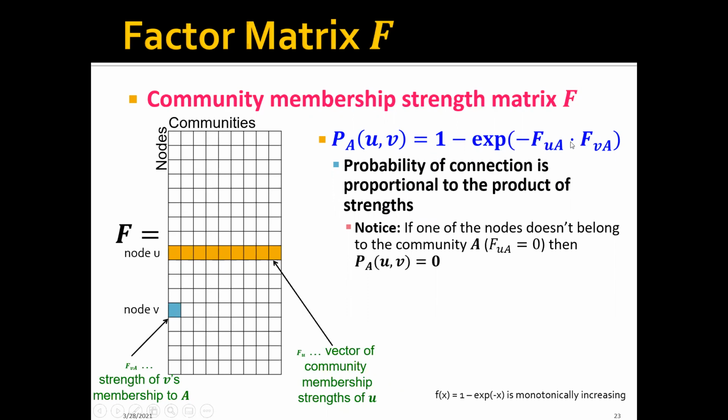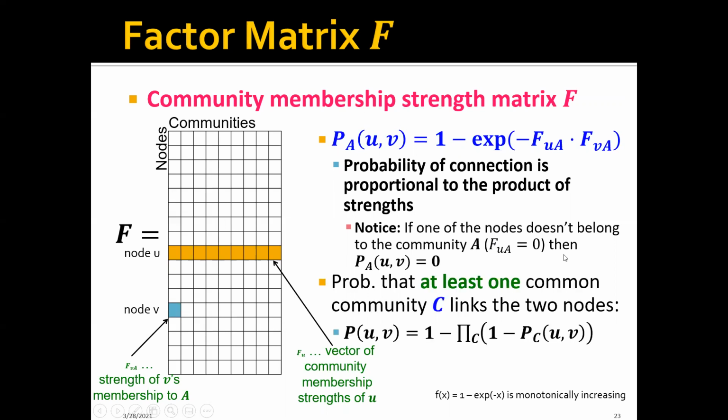What's also nice about this equation is that if one of the nodes does not belong to community A, for example node u, then F_uA will be equal to 0. Then this whole probability will be equal to 0.